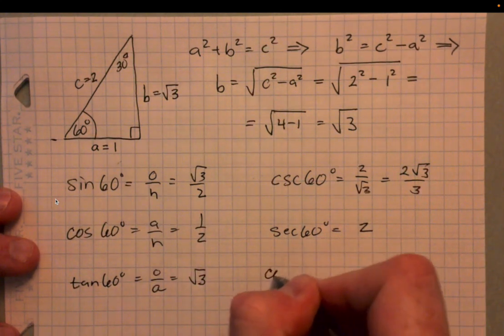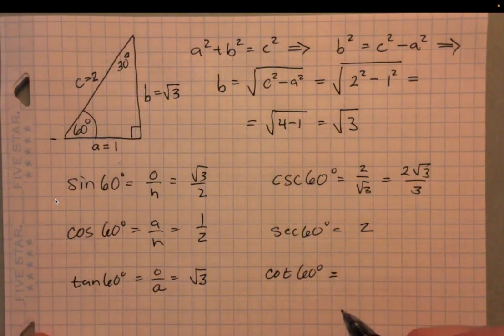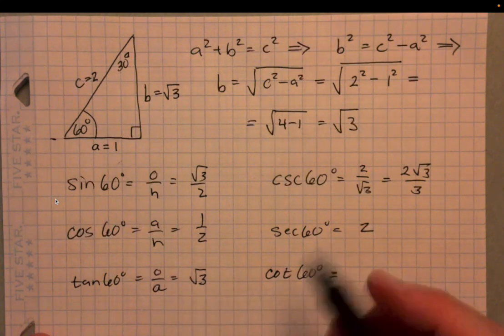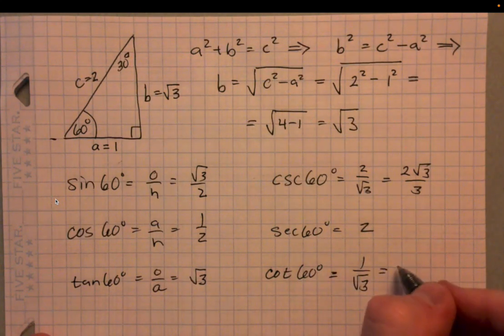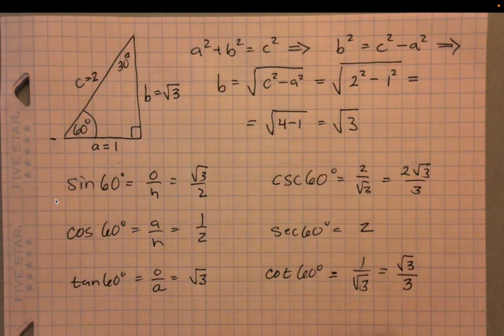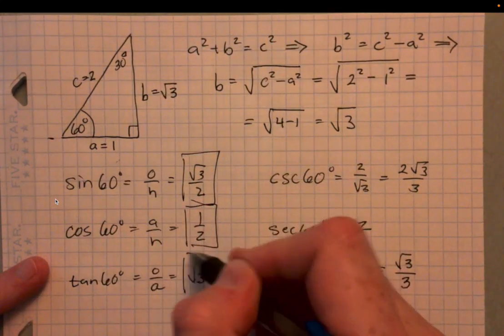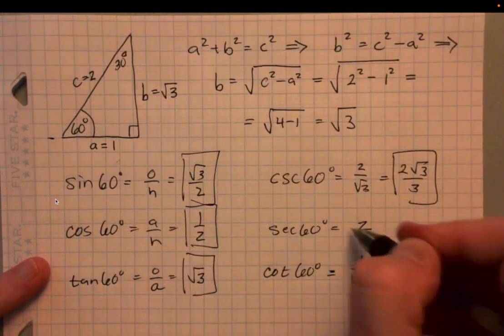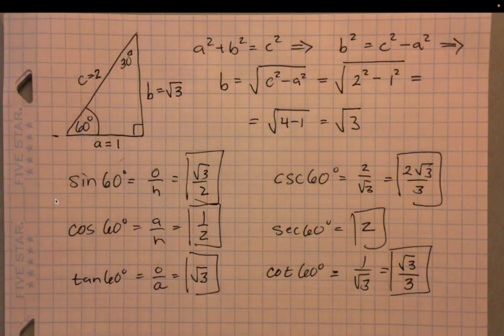And then the cotangent of 60 degrees is equal to adjacent over opposite, or 1 over the square root of 3. A better way to write that would be to rationalize the denominator and write that as the square root of 3 over 3. Okay, so here are the 6 values for the angle of 60 degrees.